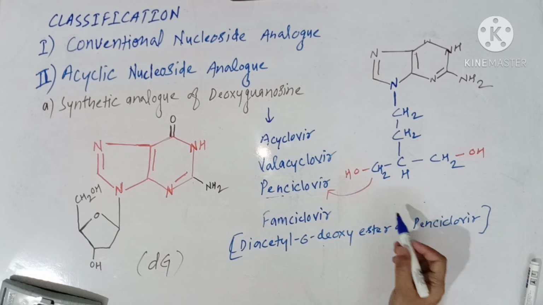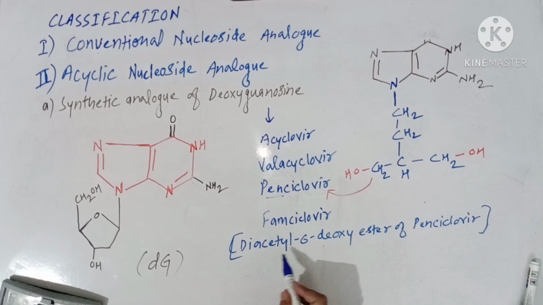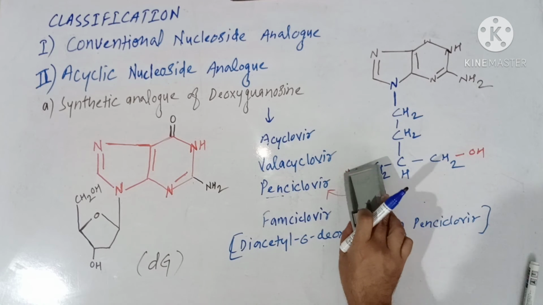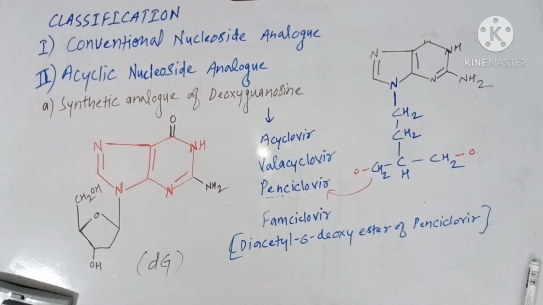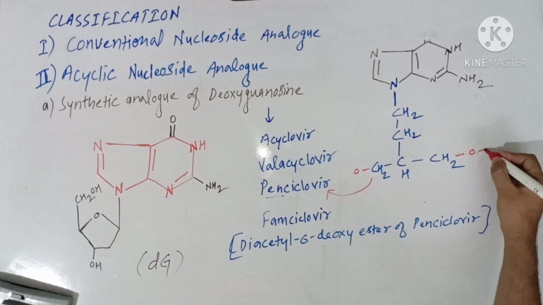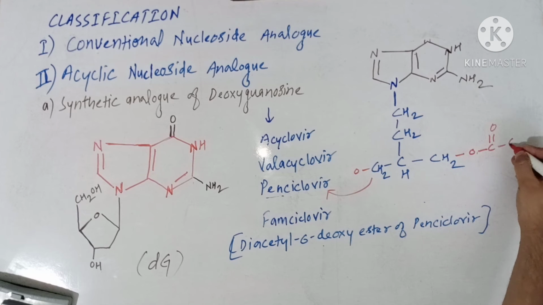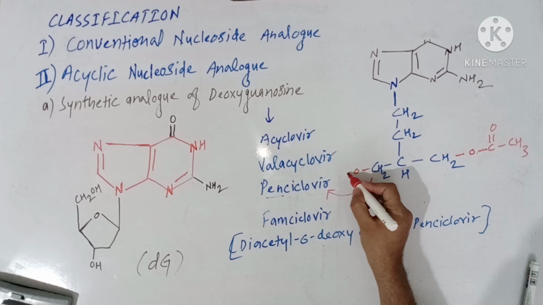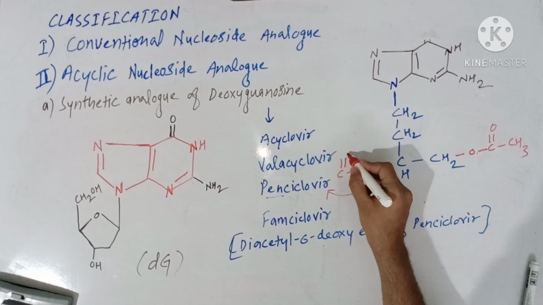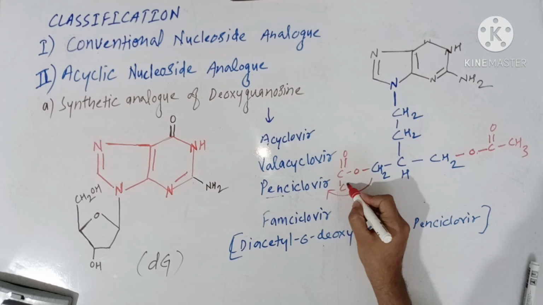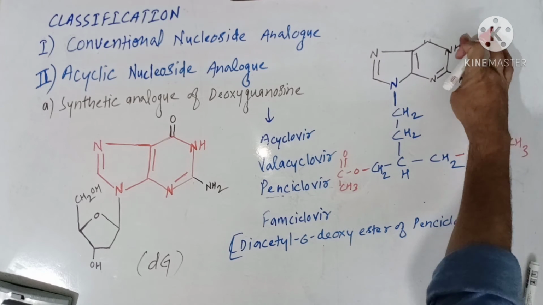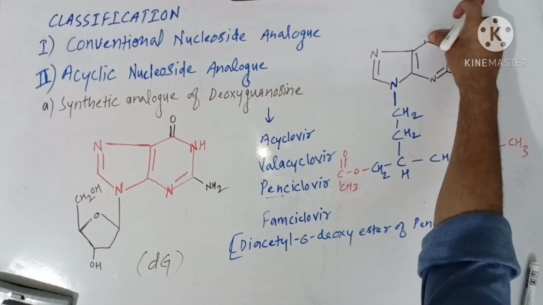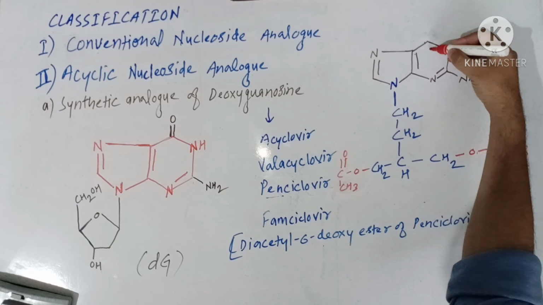So ester can be formed at these two positions. So diacetyl means this hydrogen is replaced with an acetyl group. So this is your first acetyl and this is your second acetyl group, and at this position there is a double bond.